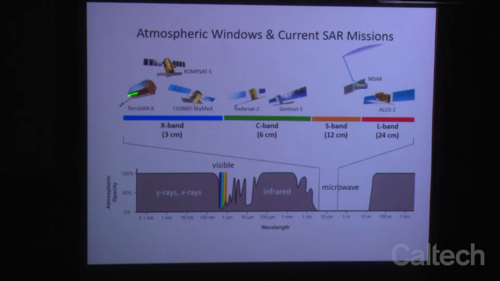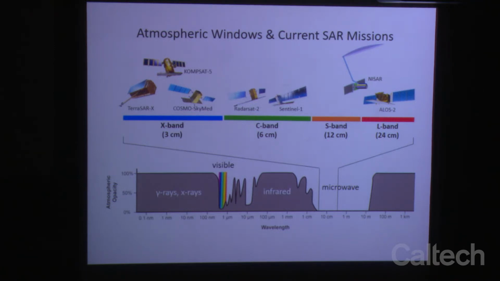These are some of the operating and planned synthetic aperture radar missions for spaceborne use. And we use various wavelengths indicated here in terms of wavelength for the different bands we call. So us radar folks, you'll hear us say L band, C band, things like that. We're really referring to these wavelengths that are used.